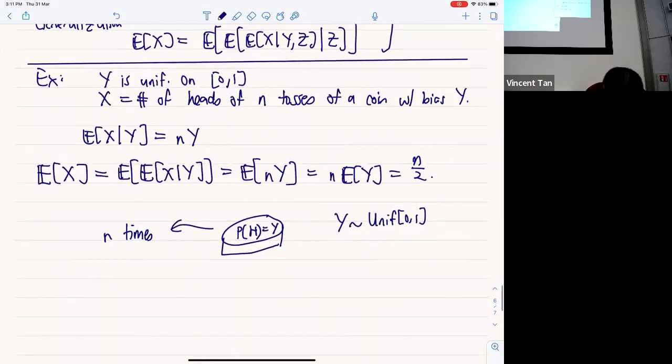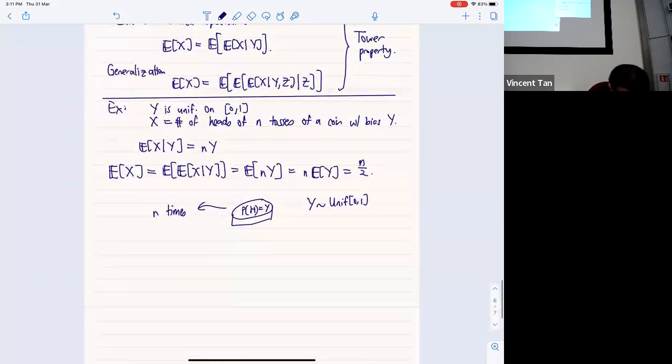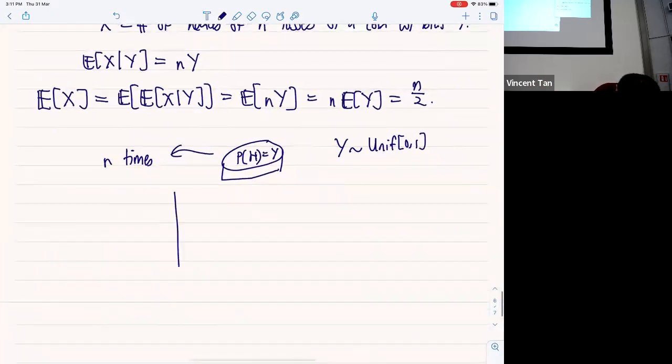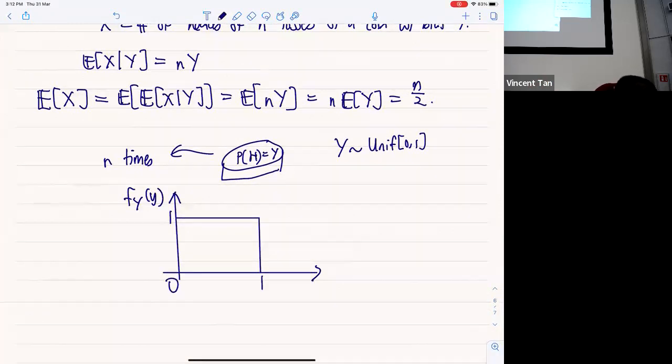Okay. What is the random variable Y? Y is uniform on 0, 1. So this is the PDF of Y. What is its expectation? Vinci said half. Because if we put a wedge here, the whole PDF is balanced.